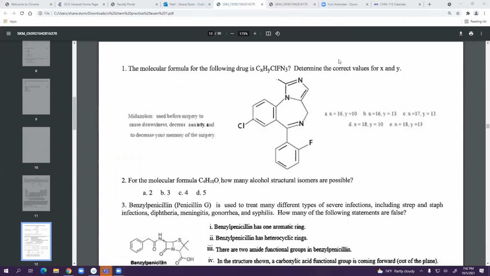So here, 1, 2. So it's 1 carbon. Oh, sorry, 1 hydrogen, hydrogen, hydrogen, hydrogen, hydrogen, hydrogen, hydrogen. 2 hydrogen, 1 hydrogen, and 3.